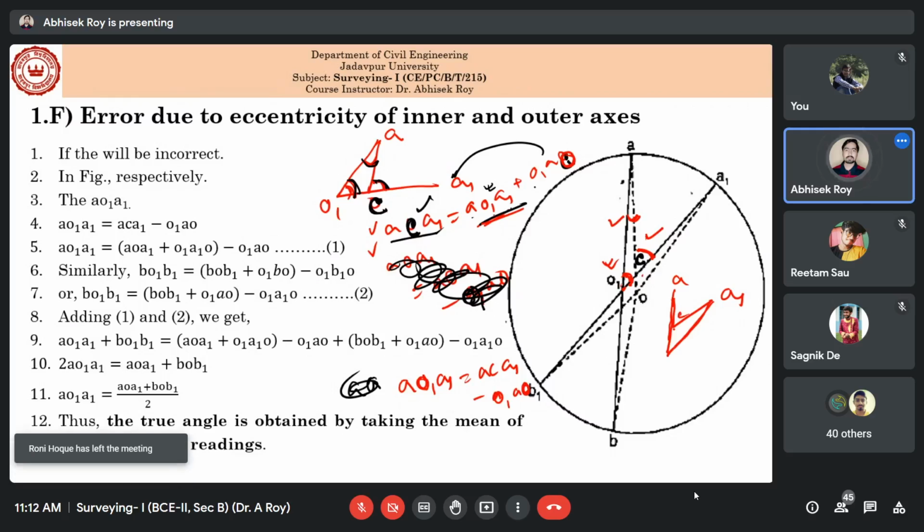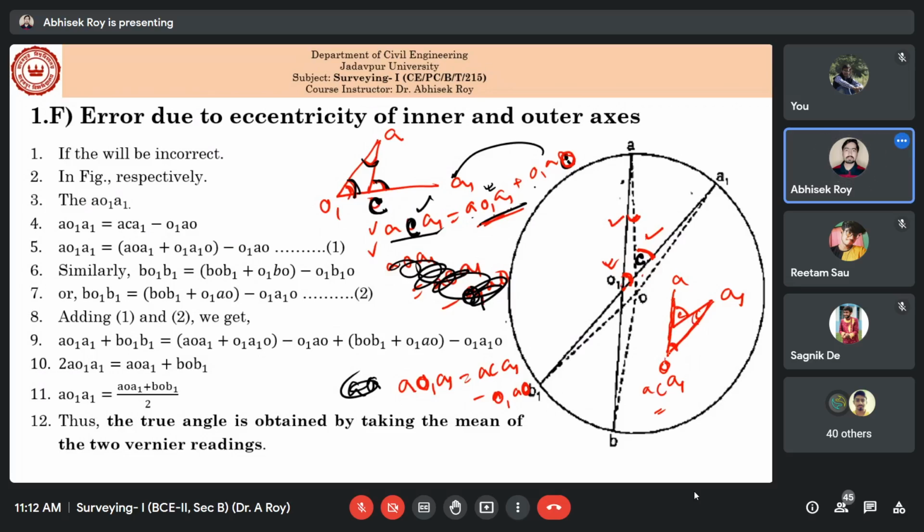So this is again another triangle forming. So obviously ACA1 is the exterior angle. So that will be equal to this one plus that one. ACA1 will be equal to how much? It will be equal to this angle plus this angle.